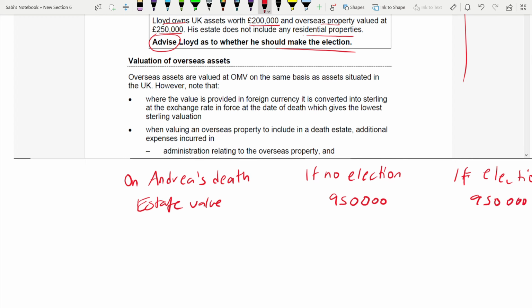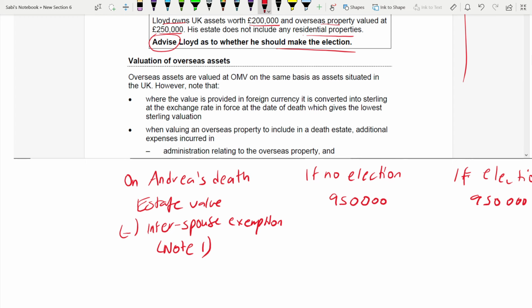Next, remember, it's an inter-spouse transfer. Andrea's estate is given to Lloyd, so there will be an inter-spouse exemption. Less inter-spouse exemption. Because in the first one you did not make an election, make a note of it. What is it?